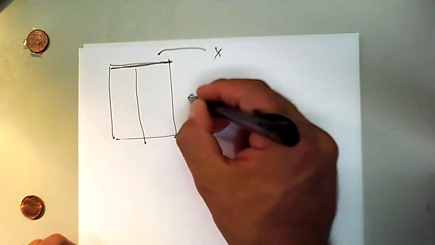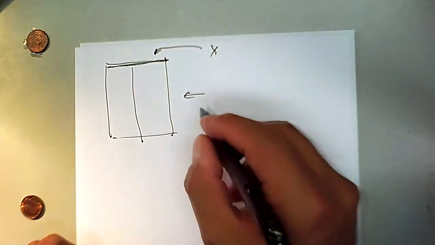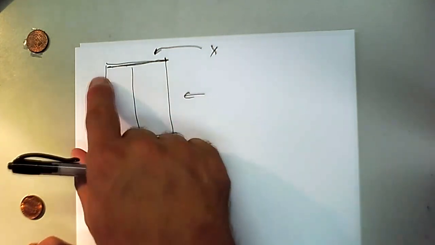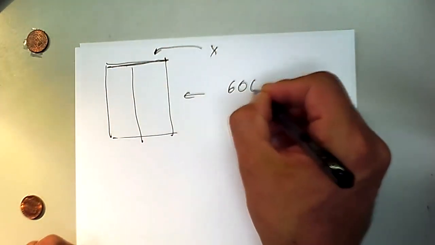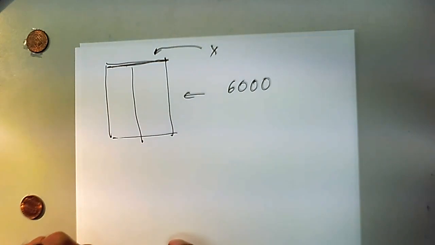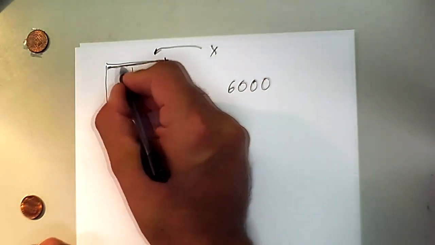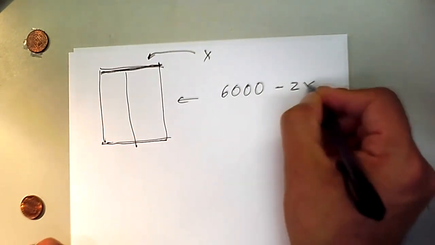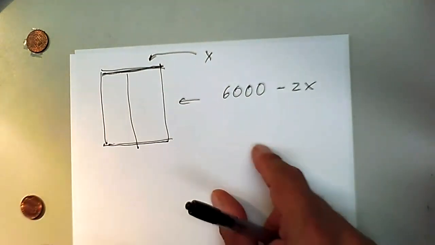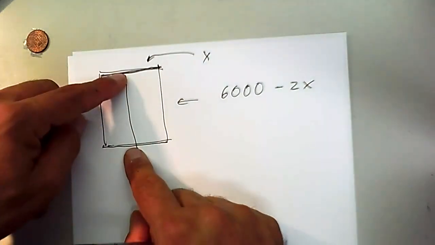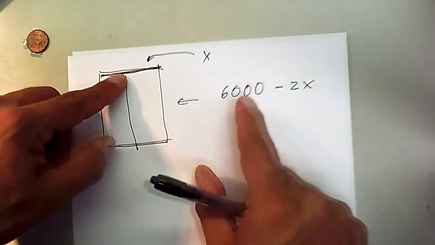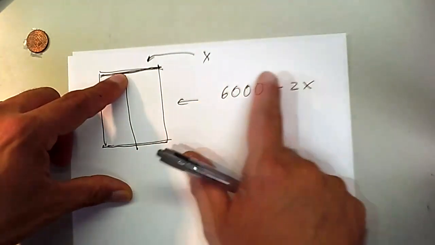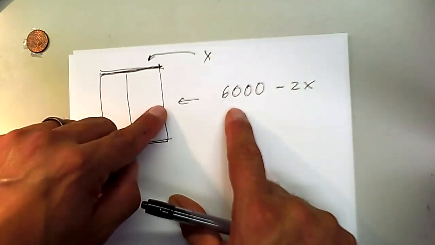Then this side would have to be, let's see. Well, we start out with 6,000 feet of fencing. If this is X and this is X, we're going to take away 2 of those from the 6,000. Okay, so that's 2. And then what is left over, which is this quantity, has to be divided into 3.